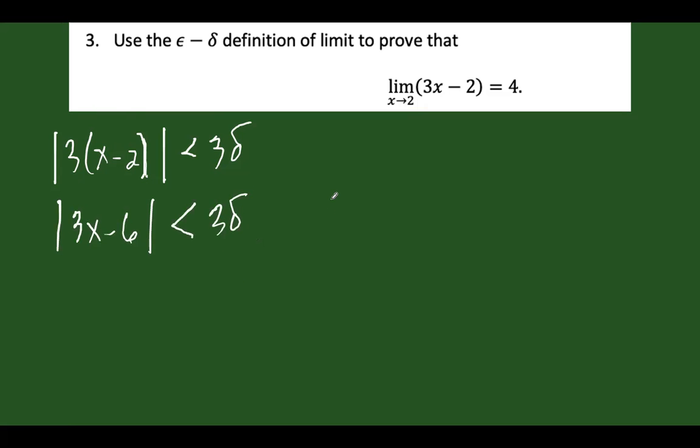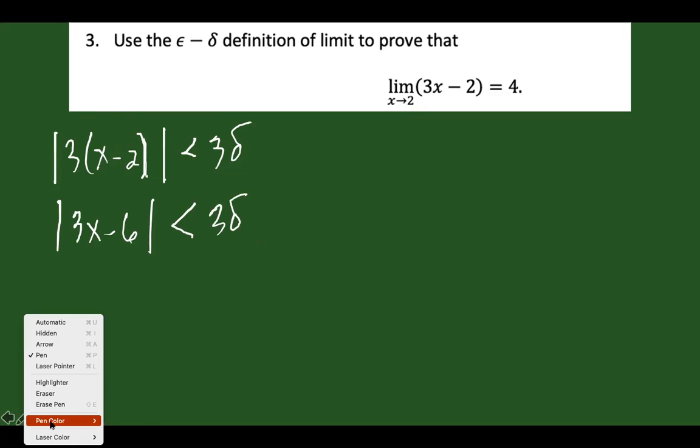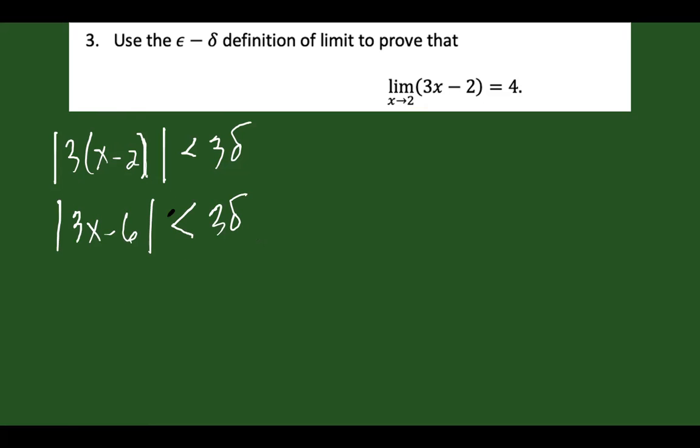However, again, we want to express, let me just write the expression that we want this inequality to be expressed as. We want this to be expressed as the absolute value of 3x minus 2 minus 4 is less than epsilon.